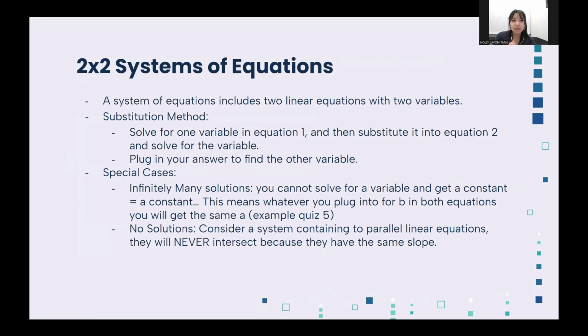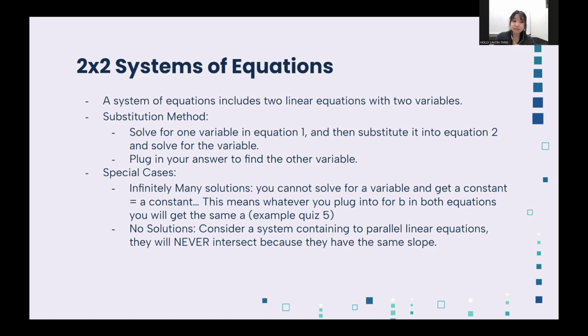Then we can solve it using typically the substitution method, which is used in this class, but eventually you may learn the elimination method if you haven't already. For the substitution method, you take 1 variable from the first equation and solve it with everything else on the other side, and then you substitute that into the second equation, plug in your variables, and you should be able to find both of your variable answers.